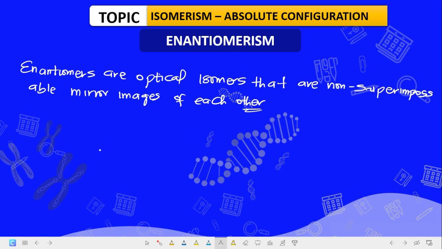Now what do we mean by that statement? It means that they are mirror images of each other that you cannot place on top of each other so that they overlap perfectly. That's what enantiomers are. Are you getting it now?